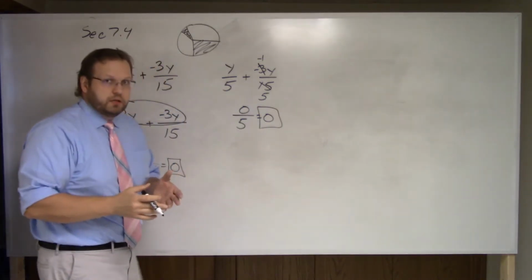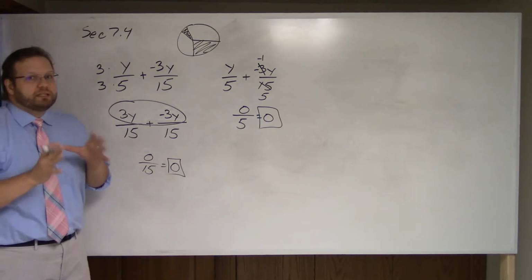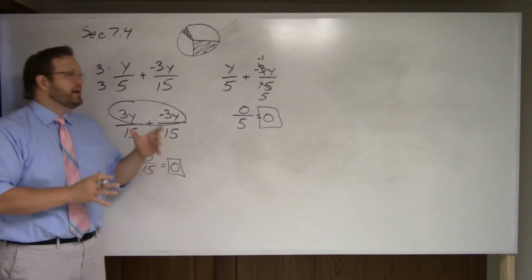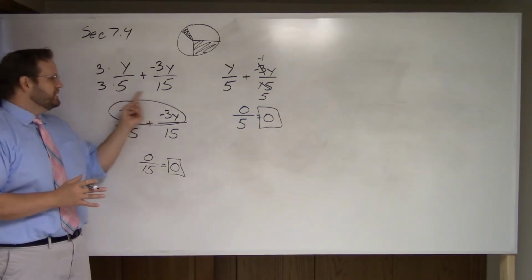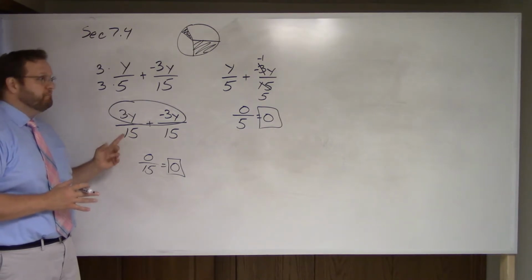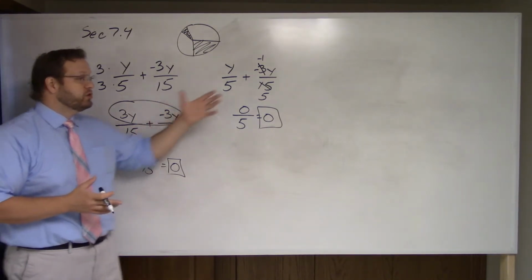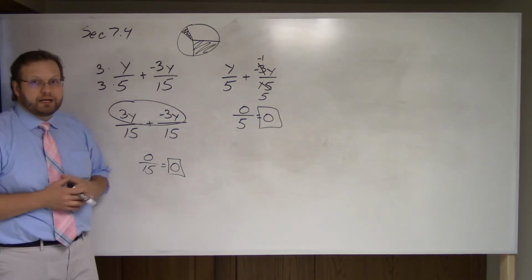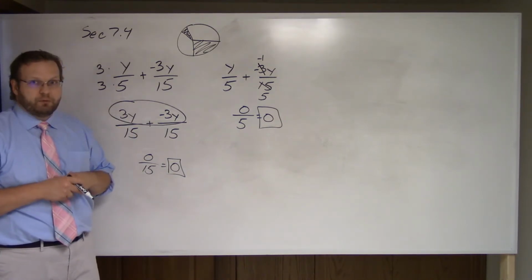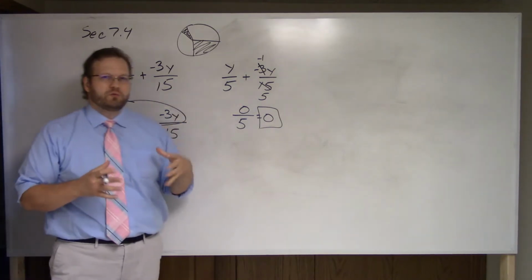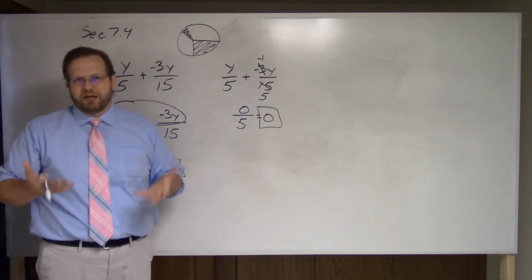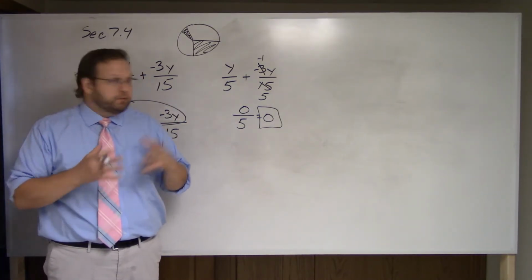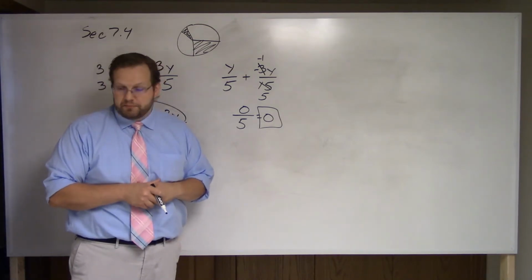Same result. So again, 99.9% of the time, we're going to have to build these up like we did here with multiplication. But if that reducing will help you match those denominators, go for it. That's not going to hurt anything. Typically though, when you reduce, they don't match up, so you have to build them back up anyways. But just keep that in your back pocket as an option.